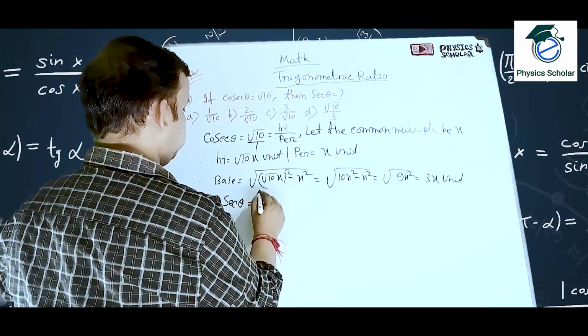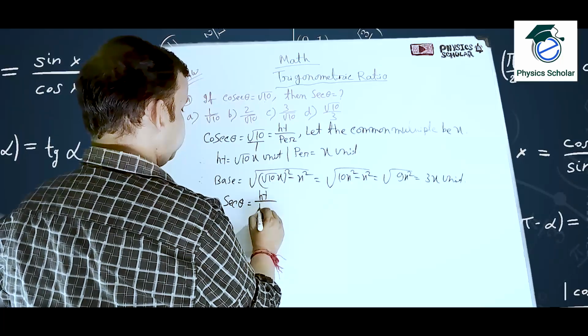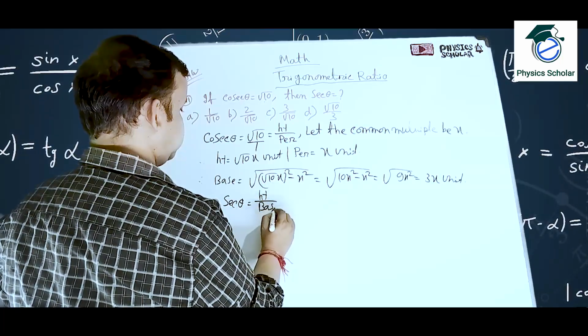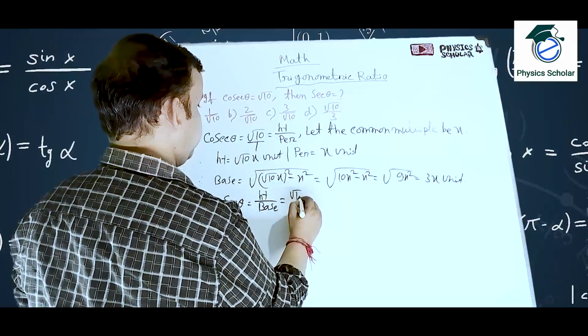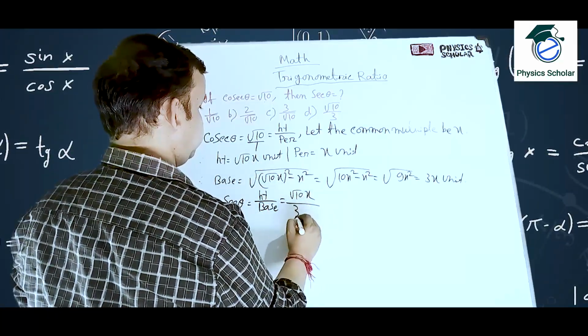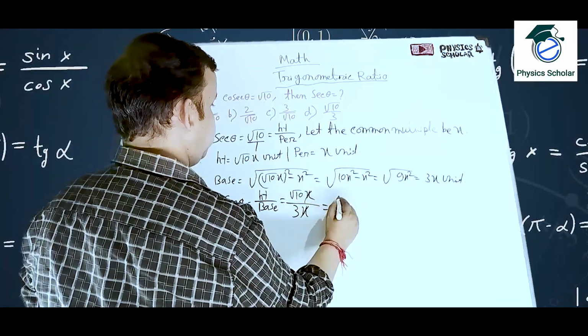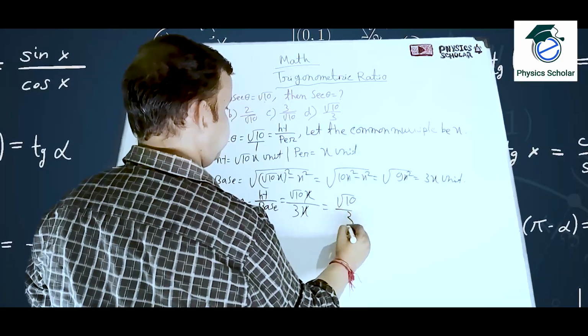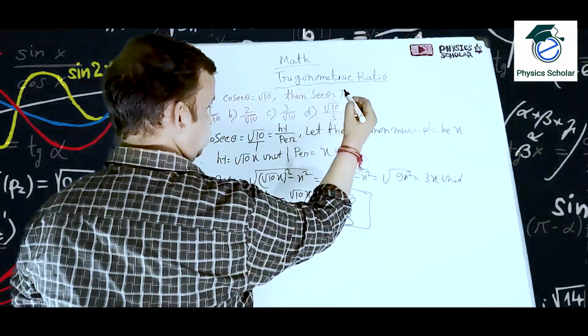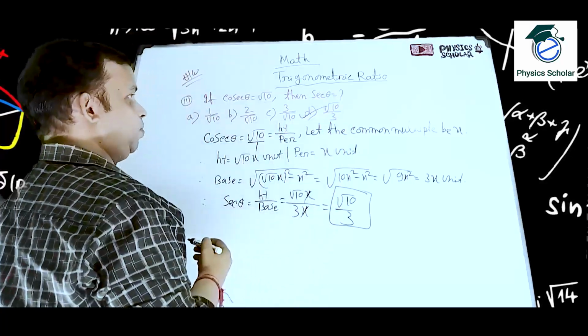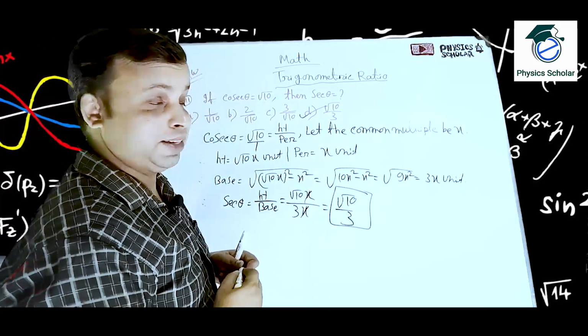Okay. So that means what? It will be hypotenuse by base. Hypotenuse means what? Hypotenuse means root 10x by base means 3x. This will be cancelled. So root 10 by 3. So this will be your answer. So that means root 10 by 3, option number D. Option number D is correct.